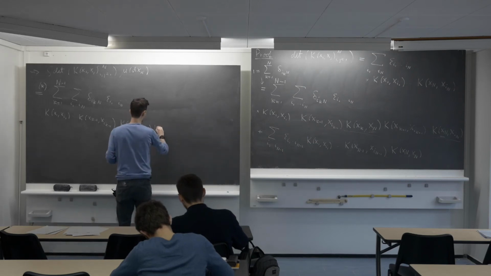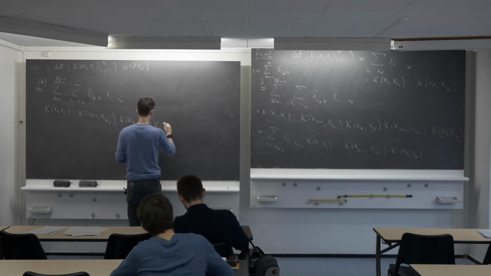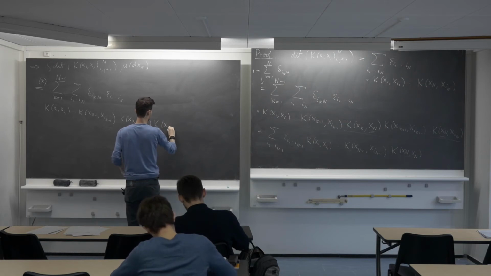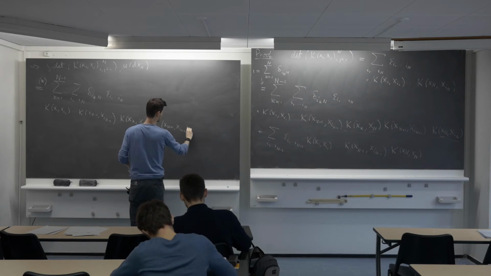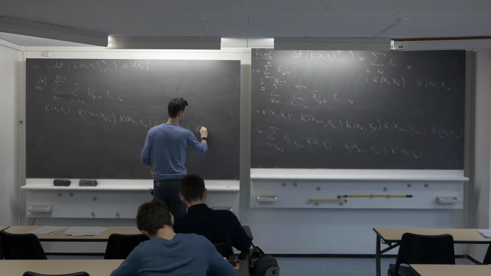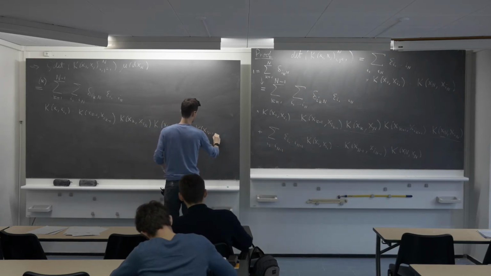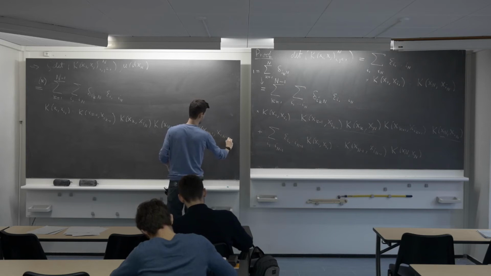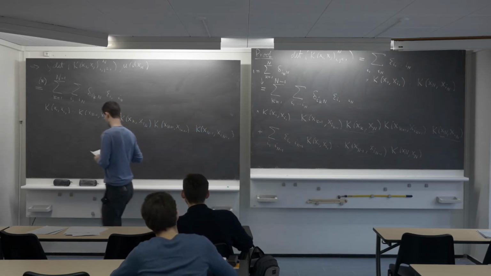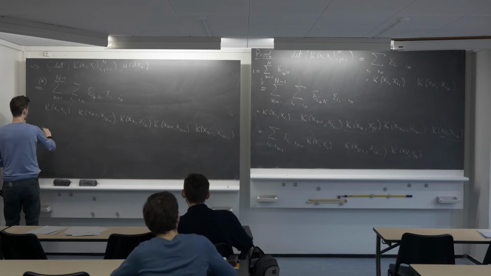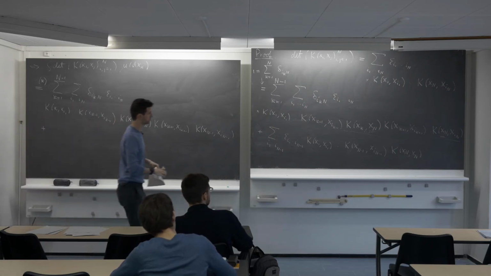So then I have, again, the guys that I did not touch. So I have an xk plus 1, xik plus 1. Okay. And this one I can already do.